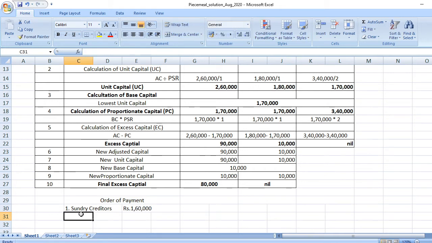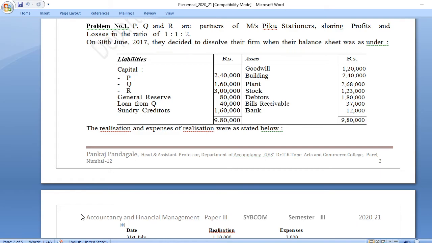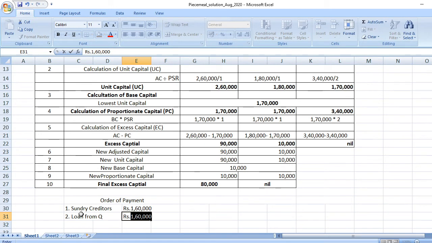Then the second liability we have to pay is the loan from Q. Q has provided a loan of rupees 40,000. After that, we have to pay whom?